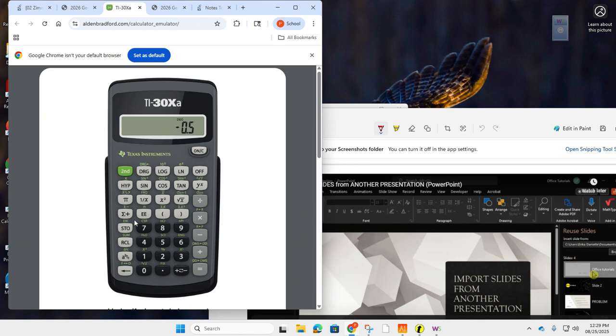Now we hit second, fraction decimal, and then it takes us to -1/2.